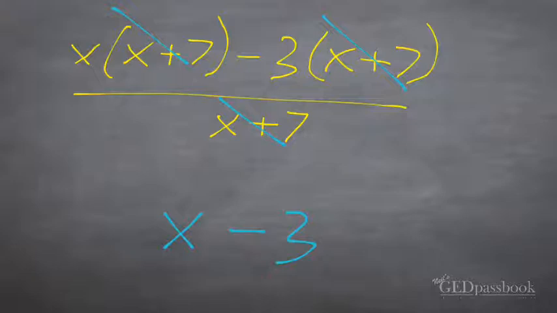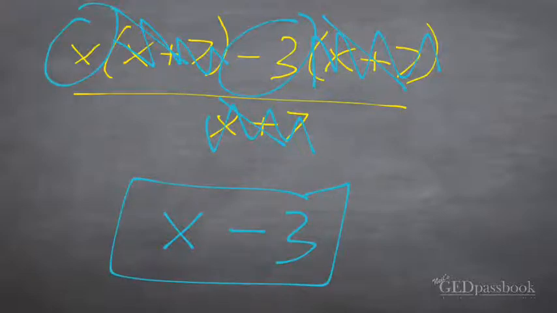If they're matching terms, you could cancel it out and just leave what's left over. If this one is eliminated, all we have is x and all we have is minus 3. There's my answer. That's simple.